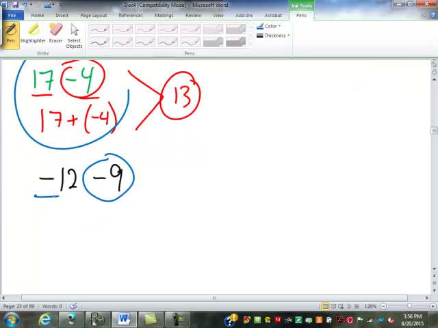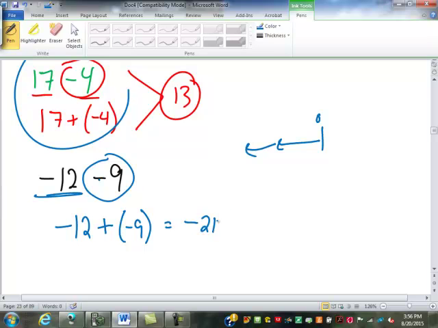So nothing happens to the -12. That stays the same. What changes is this becomes add the opposite. Add what? -9. We were subtracting a positive 9, so we're going to add a -9. So now we can look at that and say, okay, here's 0, -12, -9, it's at -21.